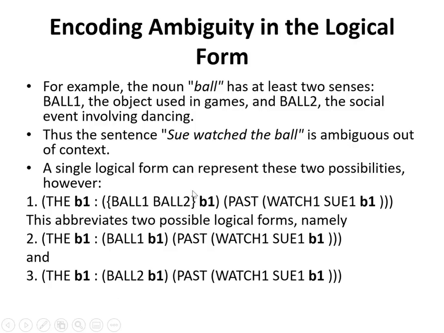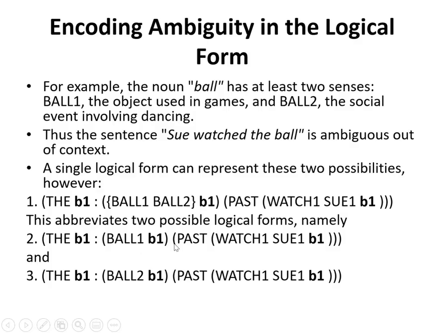A single logical form can represent these two possibilities: the B1, where B1 is either ball1 or ball2, watch1 in past tense, Sue1, B1. Now this is creating the ambiguity, which can be abbreviated with two possible logical forms.